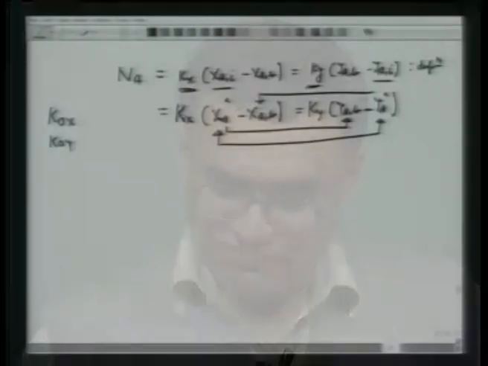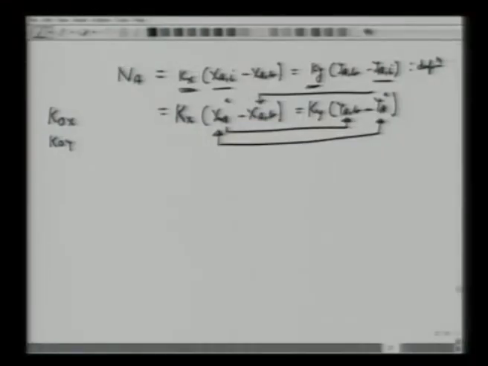Bulk concentration we can measure. So to avoid that, we define these two hypothetical quantities, YA star and XA star. As if we bring the entire liquid in contact with the gas, we will get YA star from thermodynamics. Or if we bring the entire gas in contact with the liquid, we will get XA star from thermodynamics.